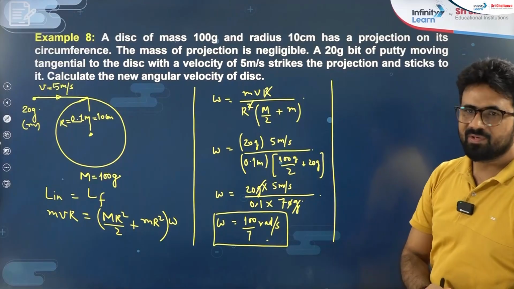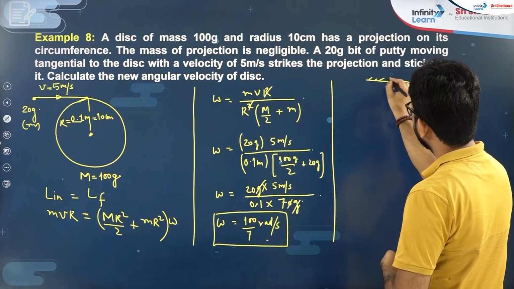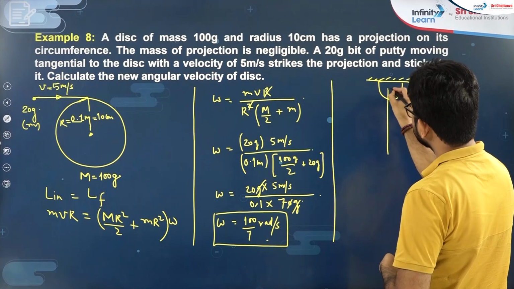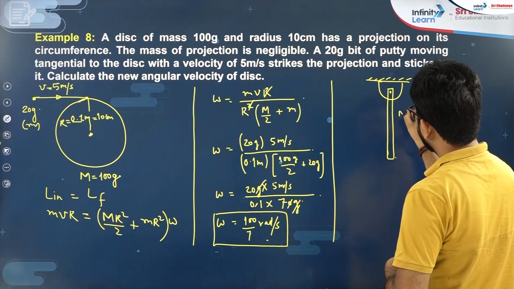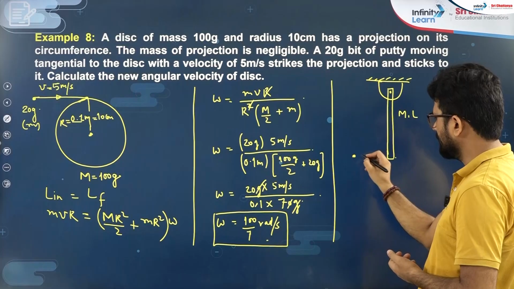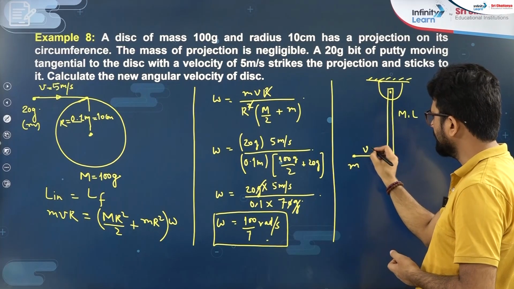Okay, that is the one question. I am giving a similar type of problem for you. You can try it in your study hour. Suppose there is a rod hanging about this point. The rod has mass capital M and length l, and one putty is coming with mass small m and velocity v naught.